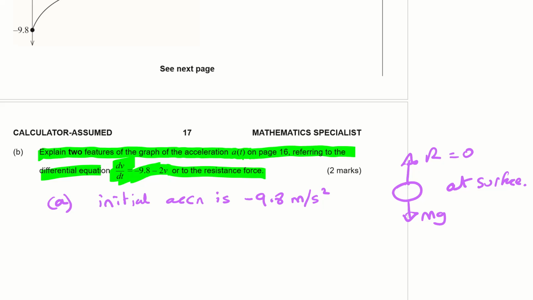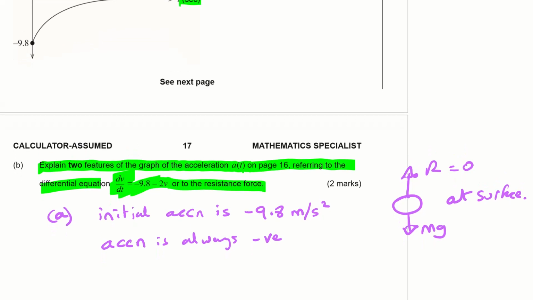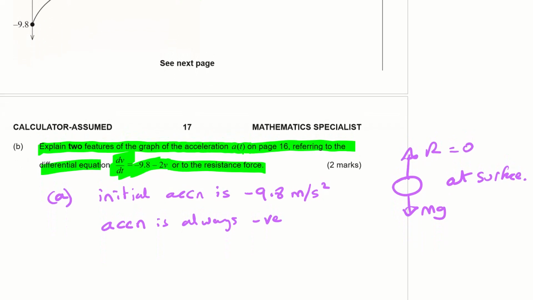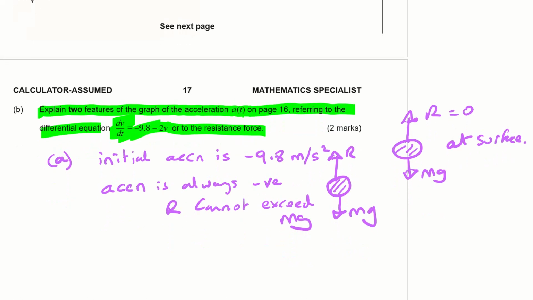There's a couple of other things I'll mention. I know we're only supposed to do 2 for the marks, but acceleration is always negative. We can see that on the graph because it is below the axis, and I would again consider the forces here, resistance and mg, and basically R cannot exceed the weight, really.